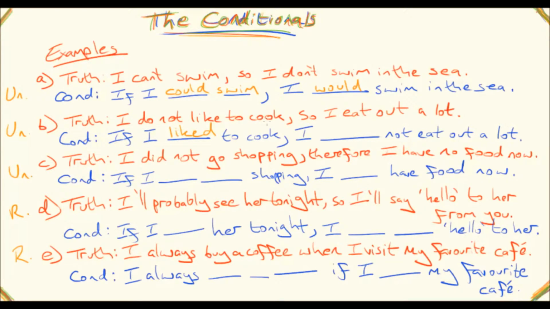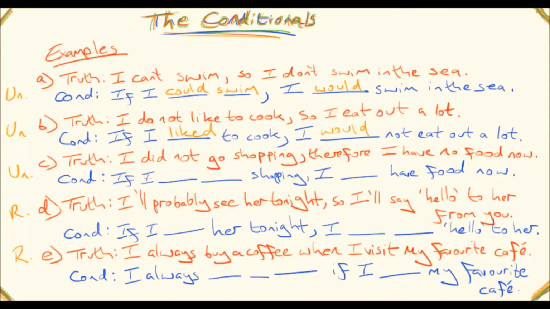If I liked to cook, and again it's an unreal conditional, so we're going to have if on one side and would on the other side. Now, would here is followed by not, and I know you're saying, that's not a base form, but don't forget the rule is the next verb is going to be the base form. So not is just an adverb making this negative, and then we've got eat, would not eat out a lot.